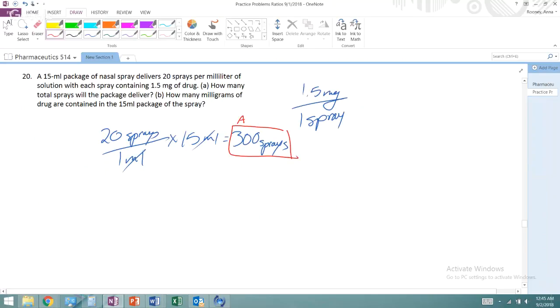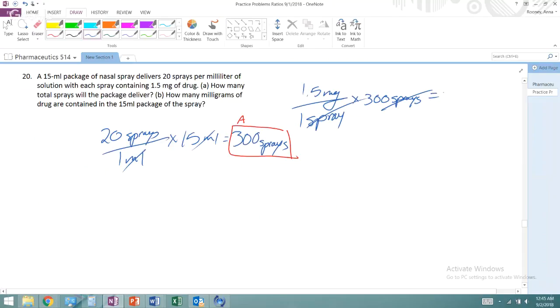And then our part B is how many milligrams of drug are contained in the 15 milliliter package. So we know how many sprays now that we have. I just touched with my hand, so my thing's going all kooky. All right, so we know how many are there, so we can just do 300 sprays, and then that cancels out, times the 1.5.